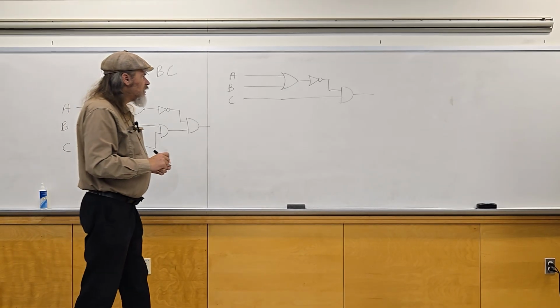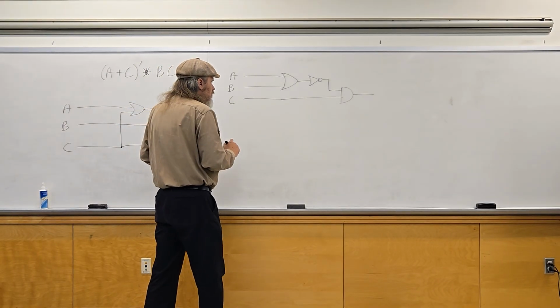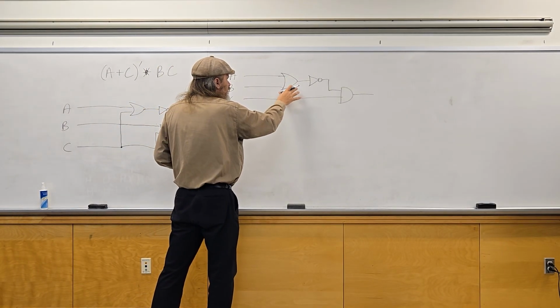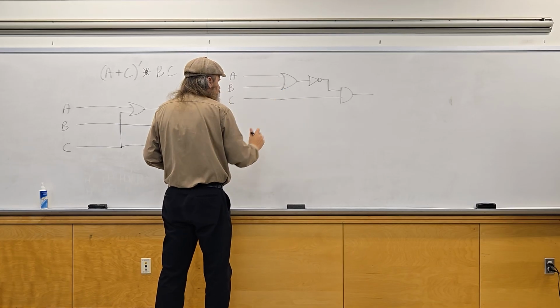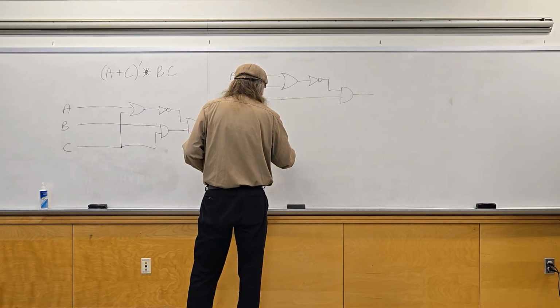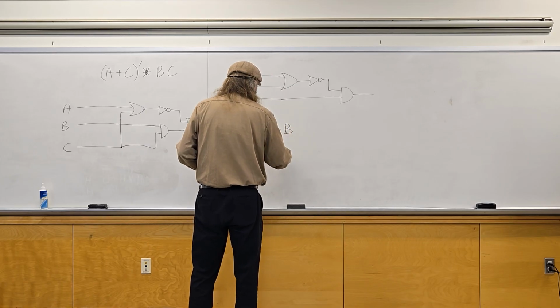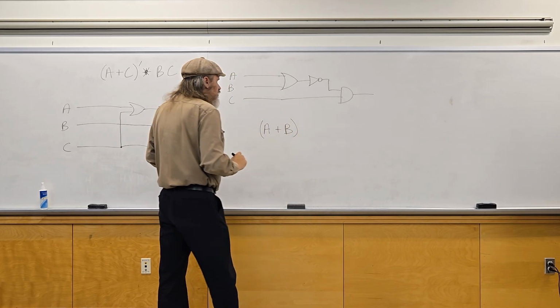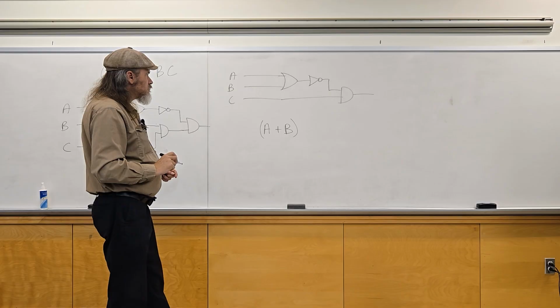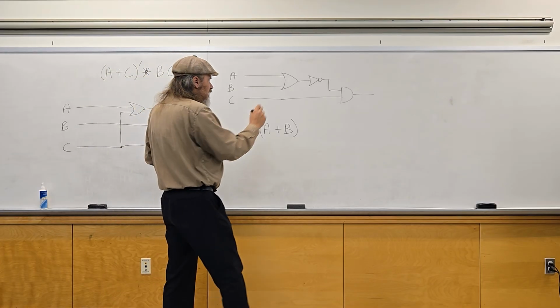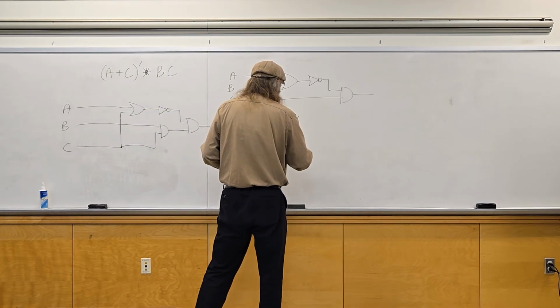So you would start from the left, which is an OR gate, A or B. Put that in parentheses. And that's inverted.